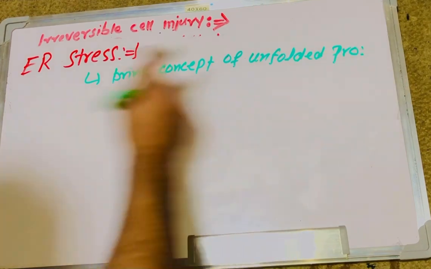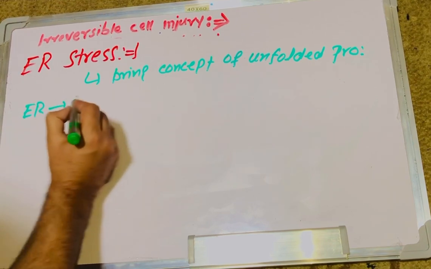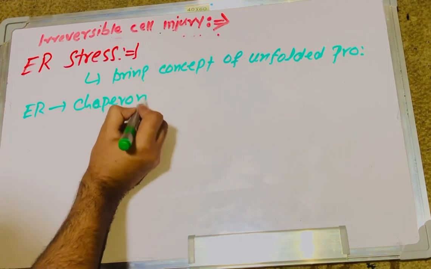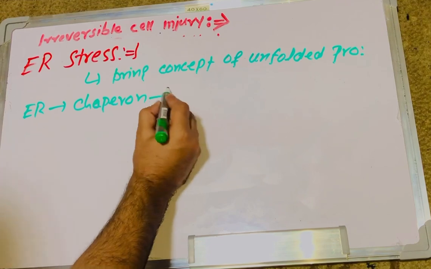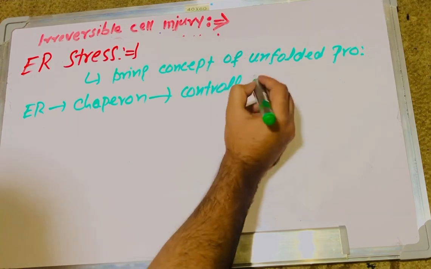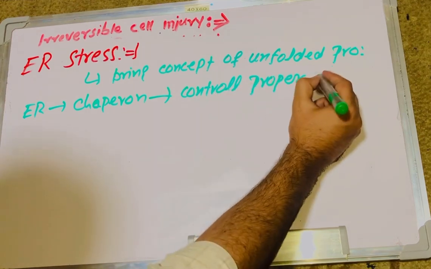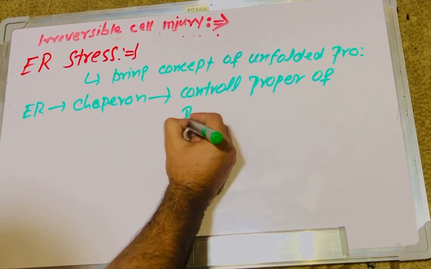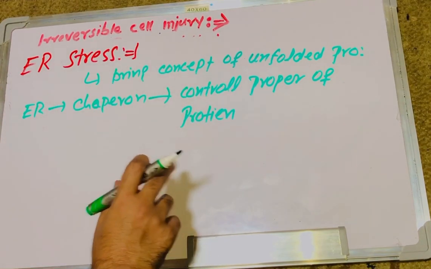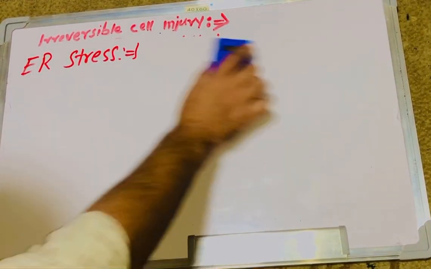The endoplasmic reticulum has a molecule called chaperone. Chaperone basically controls proper folding of protein during protein synthesis. What is the function of chaperone? It controls proper folding of protein during protein synthesis.